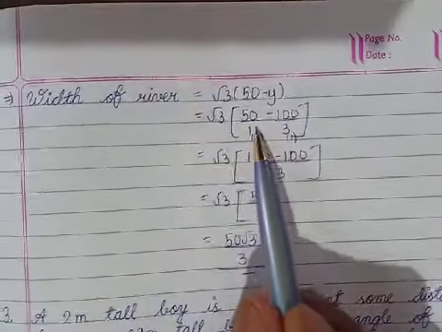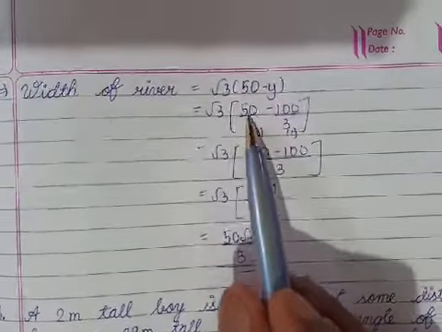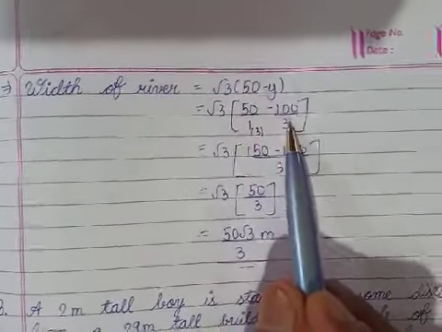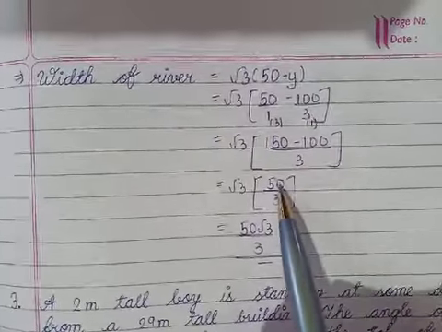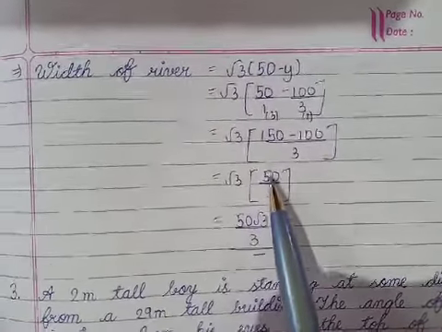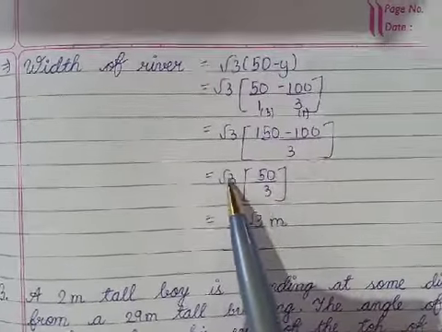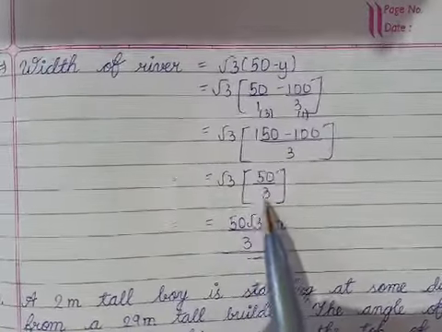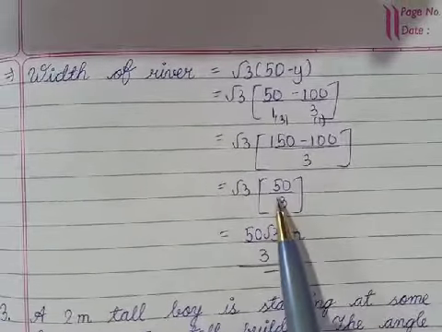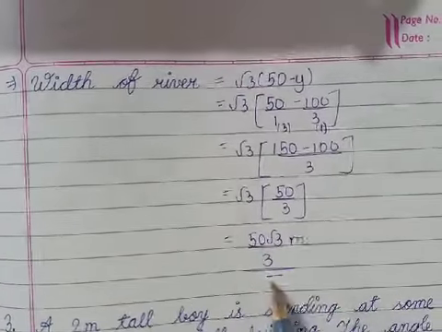So 50 will be 150 over 3, and minus 100 over 3, so 150 minus 100, you will get 50 upon 3. Then just multiply by root 3. So 50 root 3 upon 3 is your width of the river.